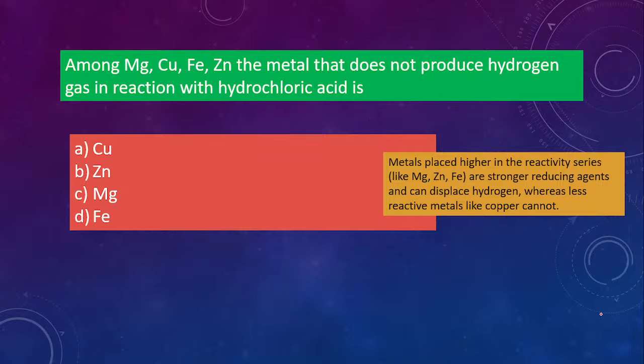Copper is less reactive than hydrogen, so it cannot. So the option will be A, copper. Copper will not produce hydrogen gas because it is lower in the reactivity series, below hydrogen. The rest three are above hydrogen, so they can displace it.